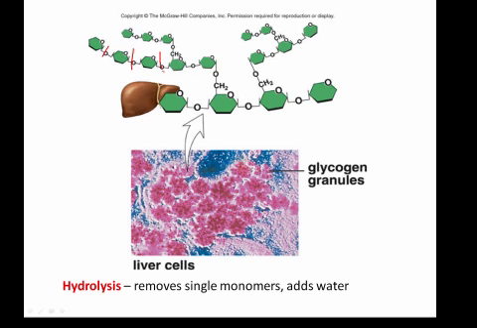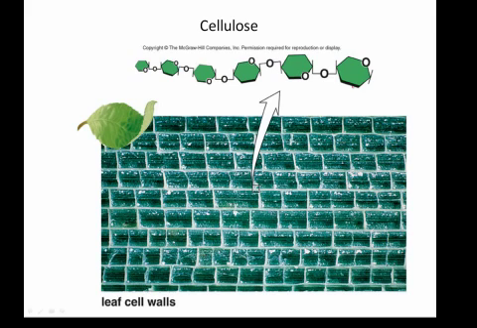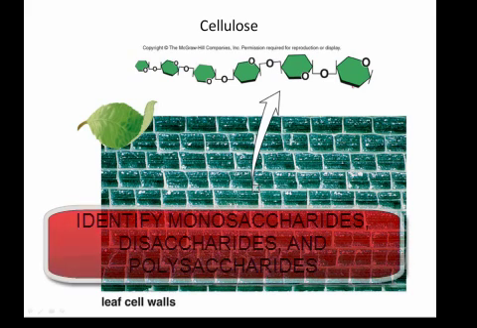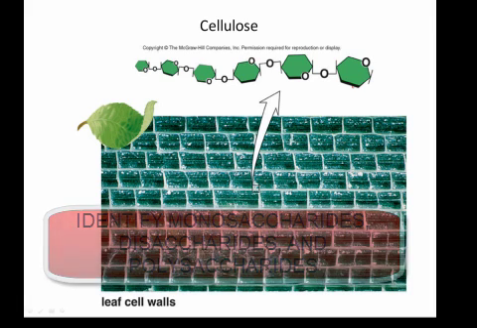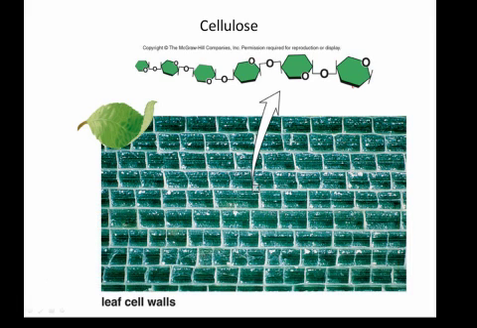There's one additional polysaccharide that we need to look at, and this is cellulose. Cellulose is a structural carbohydrate that's found in the cell wall of plants. That's what makes the cell wall of plants very rigid. Cellulose is a chain of glucose.